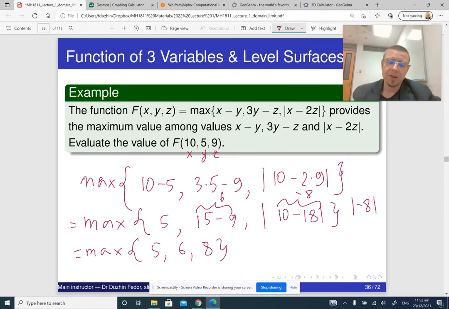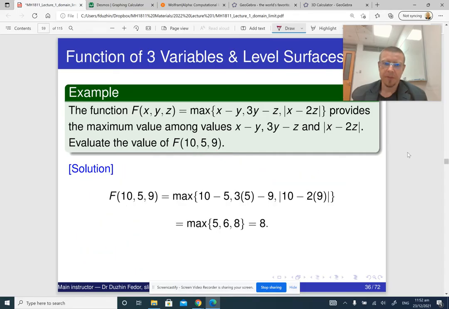So this is the largest of the three numbers 5, 6, and 8. So the largest of them is 8. So this is how we compute the value of this function. And this is just the printed version of the same thing.